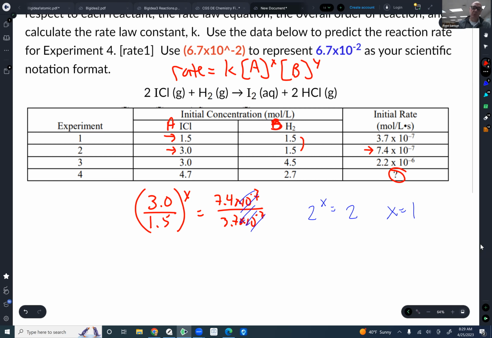Now for solving for B, for y, we have to find a place where the values are held constant in A, and that's happening on experiments 2 and 3. Here is where I'm going to take my difference, 4.5 over 1.5, and that's to the y power.